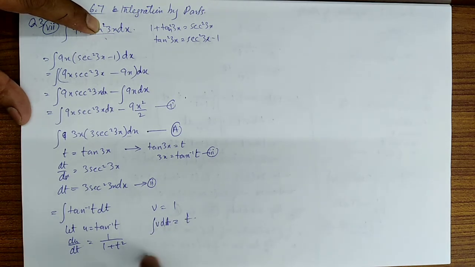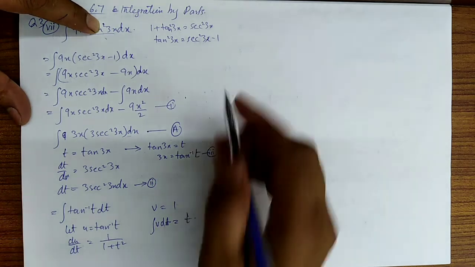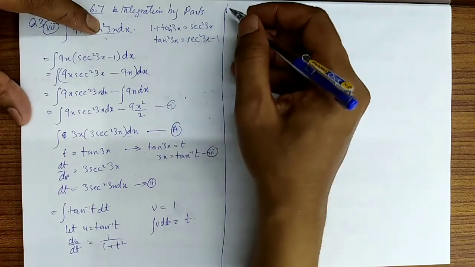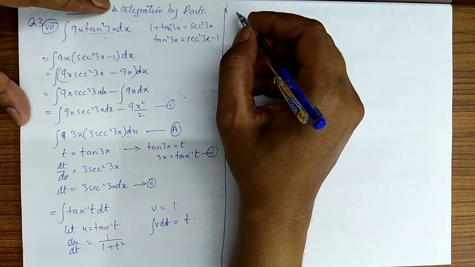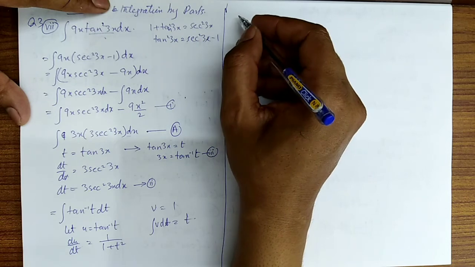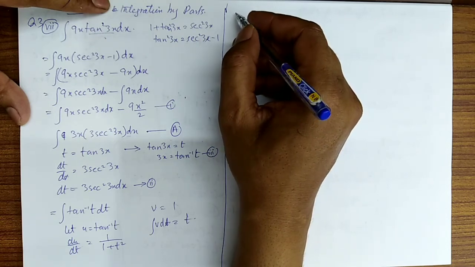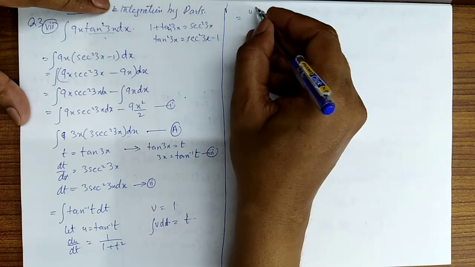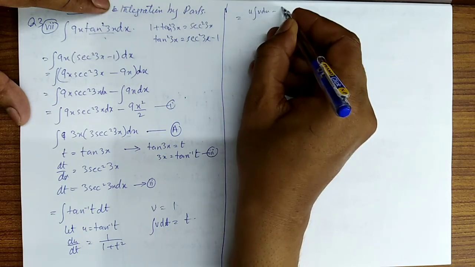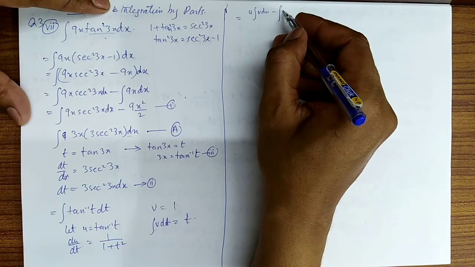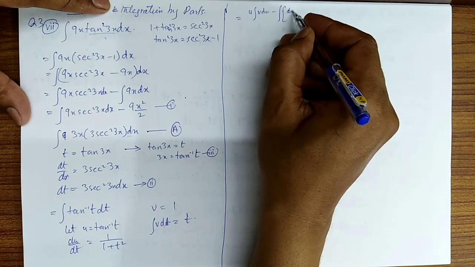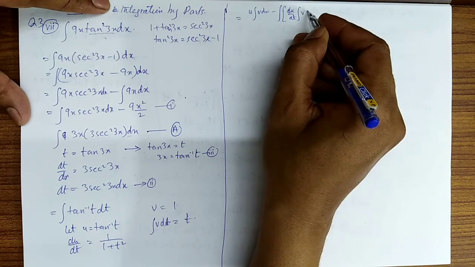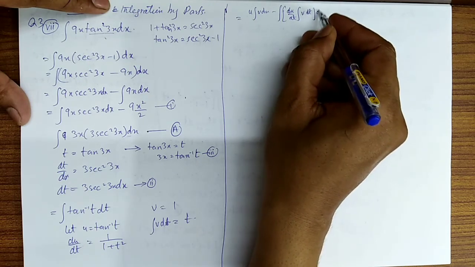So by putting these two values into the formula of integration by parts, how can we substitute the values? That is, u into integral of v minus integral of du upon dt into integral of v dt, right?